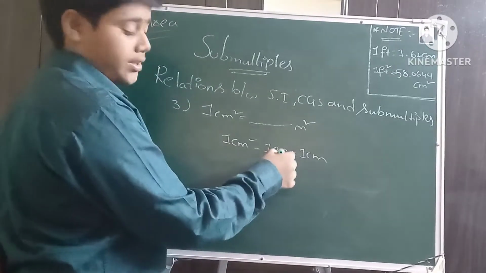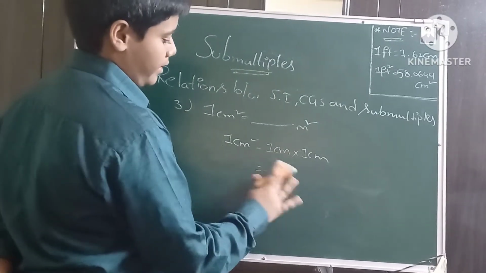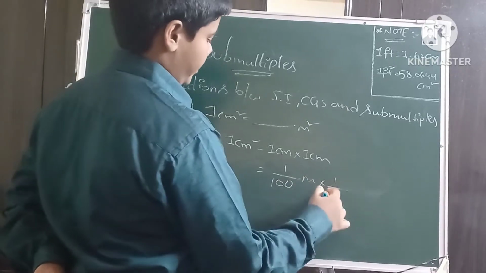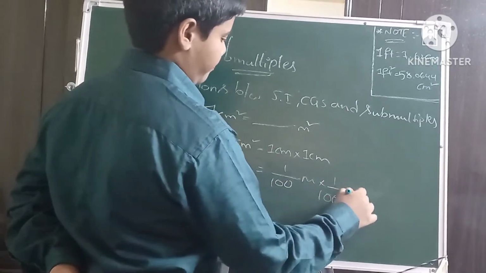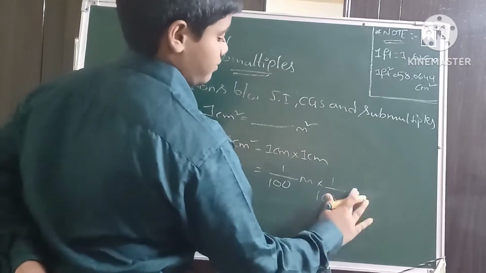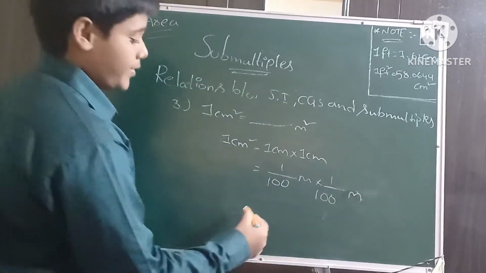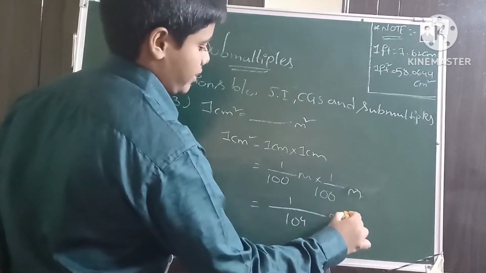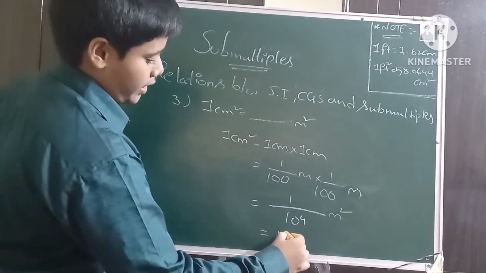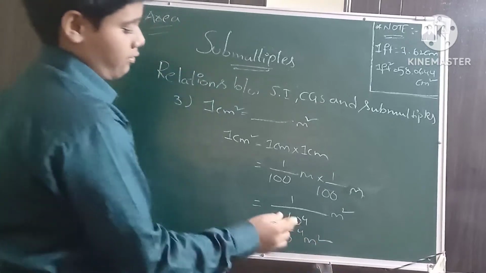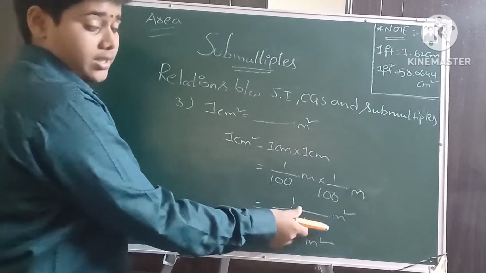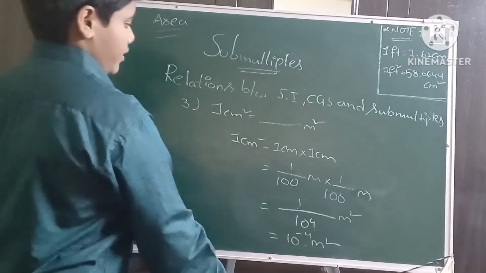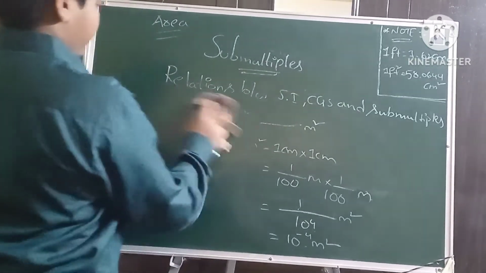Here 1 centimeter is 1 by 100 meters, so 1 by 100 meters into 1 by 100 meters. So 1 by 10 to the power of 4 meter square, which means 10 to the power of minus 4 meter square. So the relations are completed.